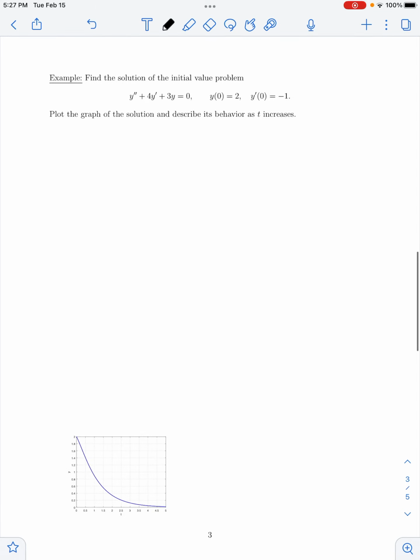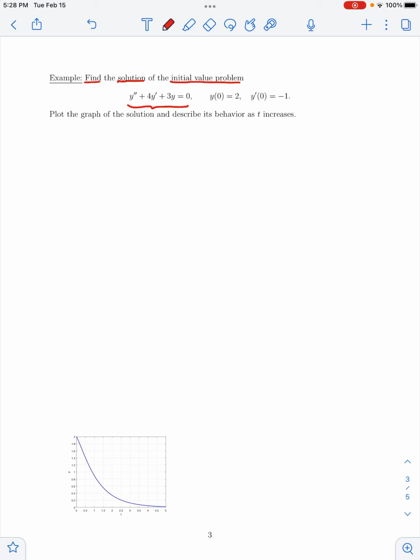Now let's look at some other examples. What we've been looking at is finding the general solution of these types of equations. Let's say that we consider next an initial value problem, where we pair our differential equation with a set of initial conditions. So in this example, we are asked to find the solution of the initial value problem, y double prime plus 4y prime plus 3y equals 0.